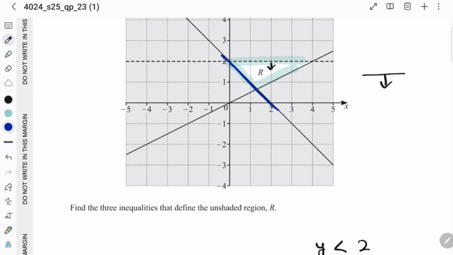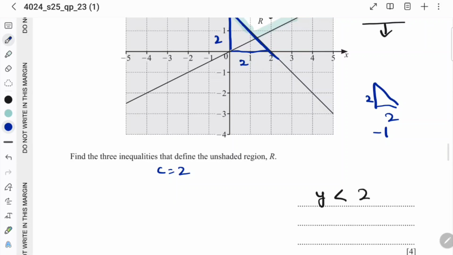Okay, its y-intercept is 2, and the rise over run, rise is 2 and run is also 2, but it's rising from the left. You can take the coordinates also and do y2 minus y1 upon x2 minus x1. So it's negative 1.